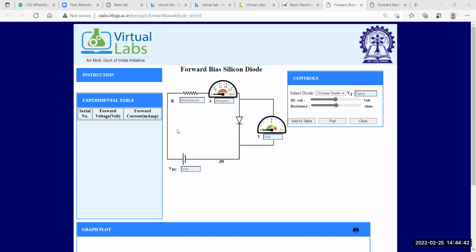Whatever I have discussed in today's class, PN junction diode. So how many diodes do we have to use in PN junction diode? Silicon and germanium.